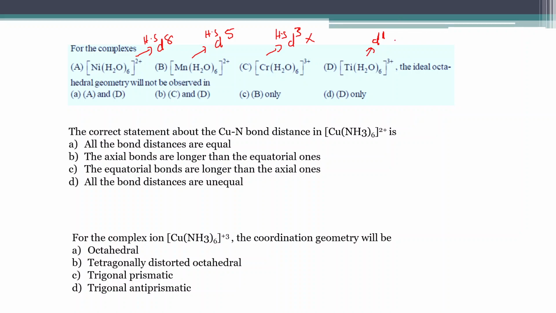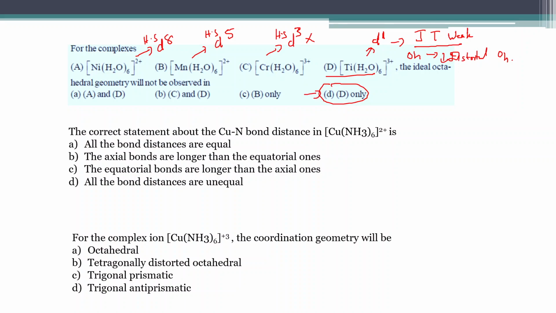The only case with Jahn-Teller, even if it is a weak Jahn-Teller, is Ti(H2O)6 3+, which is the correct answer, because octahedral geometry is changed to distorted octahedral geometry. So D only is the correct answer.